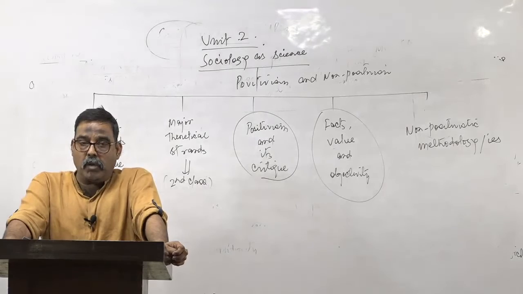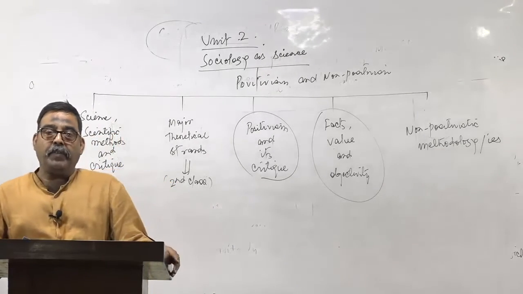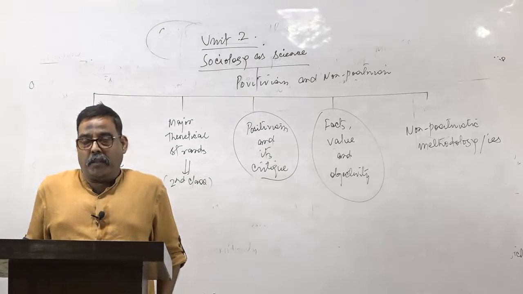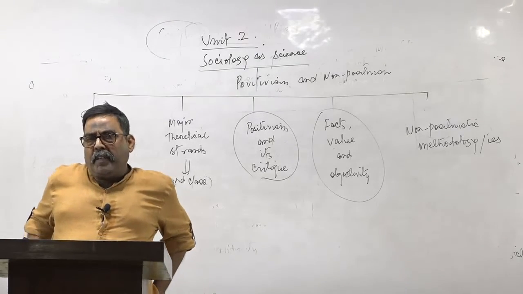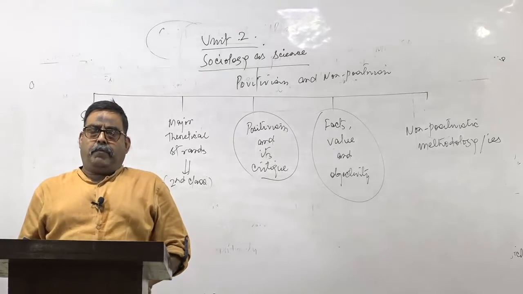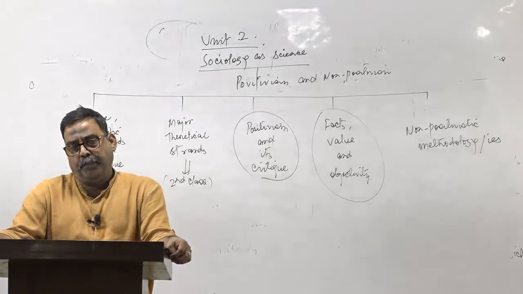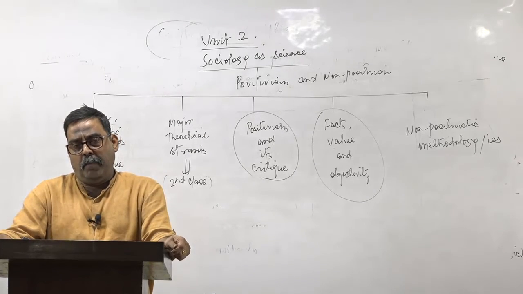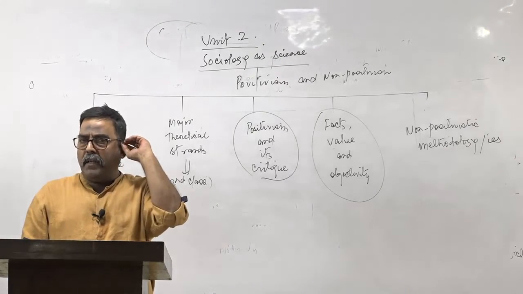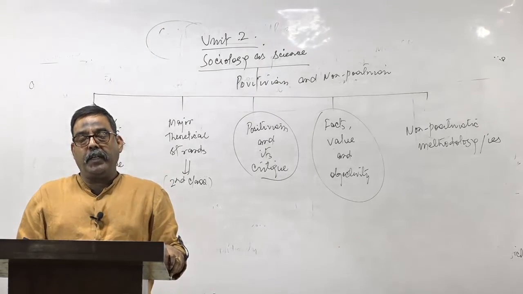When you talk about Auguste Comte, who initiated the positivistic movement in sociology, we need to remember that positivism emerged in a certain time period of historical development in social thinking. But in sociology, Auguste Comte focuses on observation, experimentation and testification.